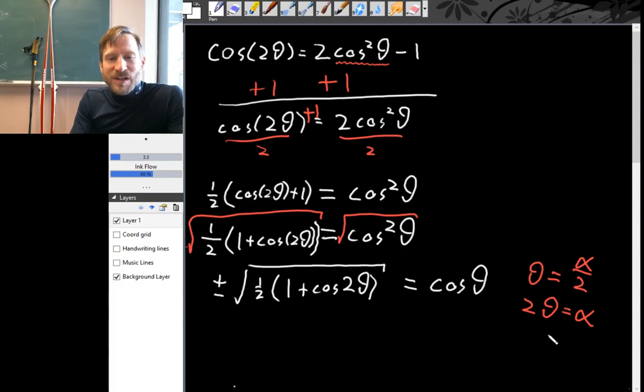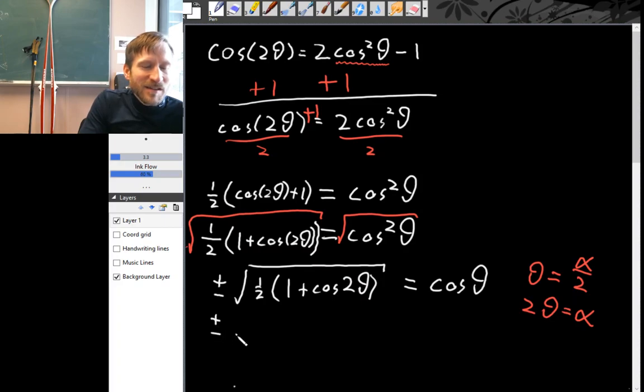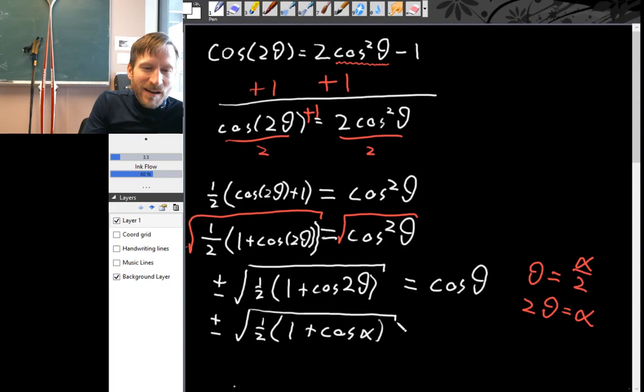And if we use this substitution to change this identity, we get plus or minus the square root of 1/2 times 1 plus cosine of 2 theta. But remember, 2 theta is alpha. And then on the right-hand side, we get cosine of theta, which is alpha over 2.